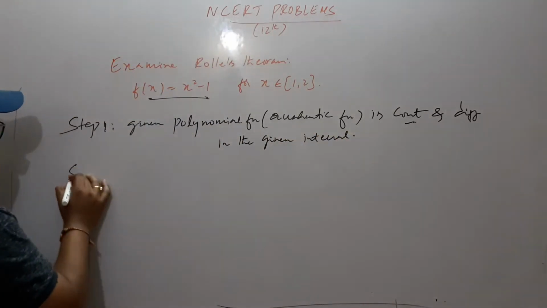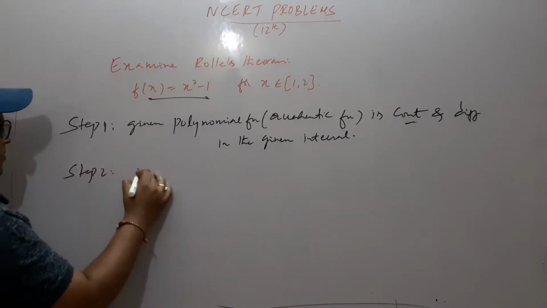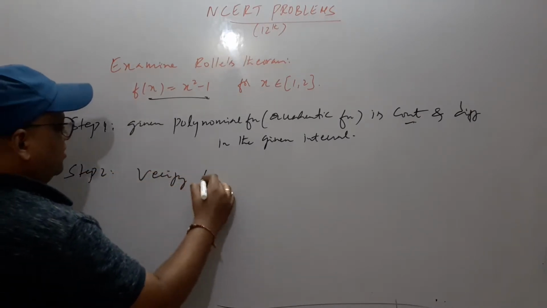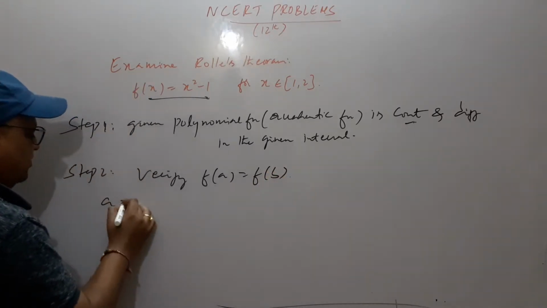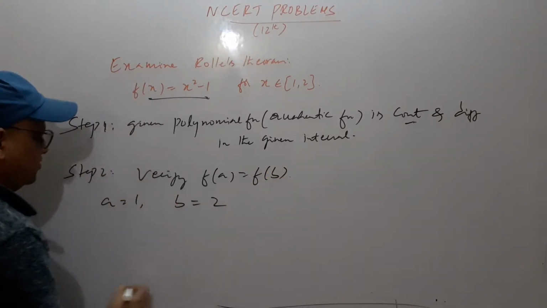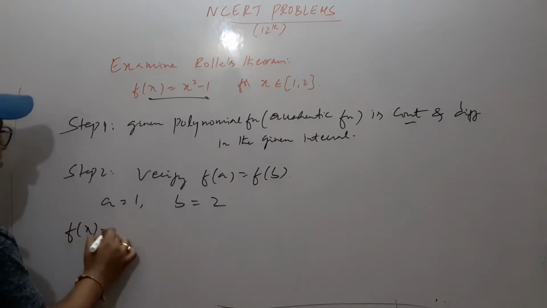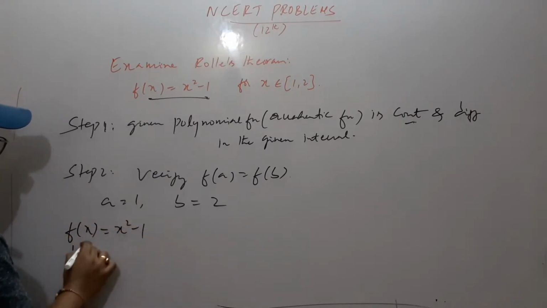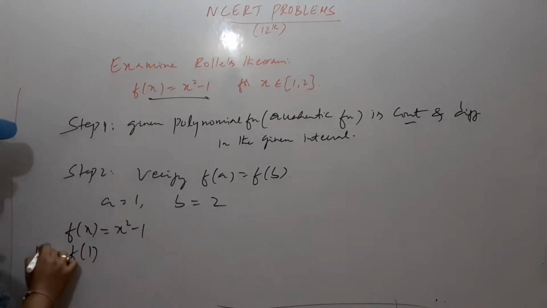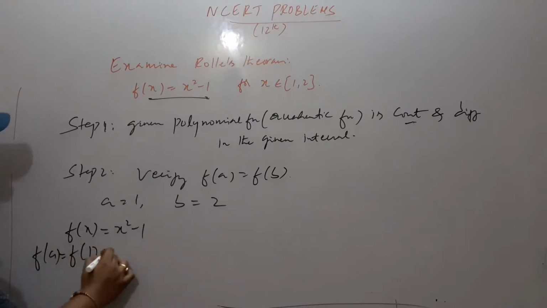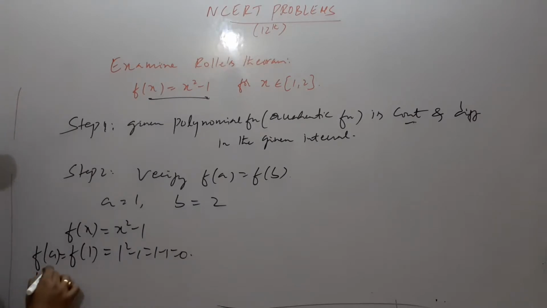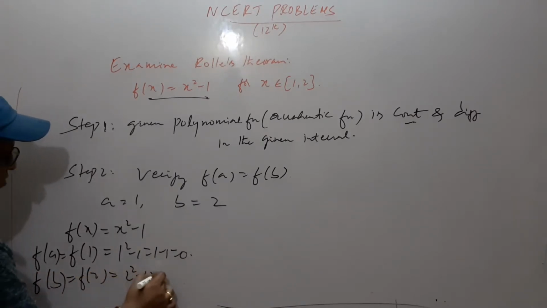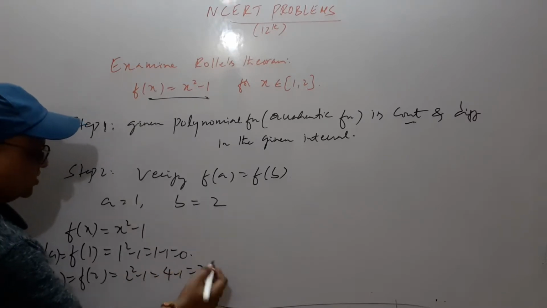What will be the step 2? Verify f of a is equal to f of b. So what is the a value? 1, b value 2. Take f of x, f of 1, f of a value will be equal to f of 1, which is 1 square minus 1. The answer is 0. F of b value will be f of 2, 4 minus 1, which is 3.